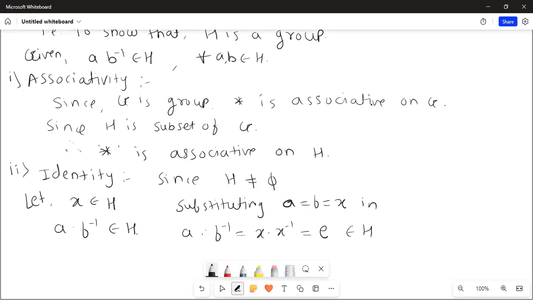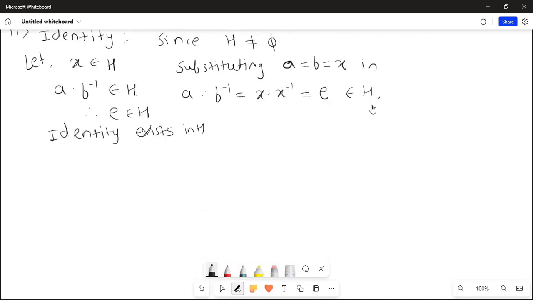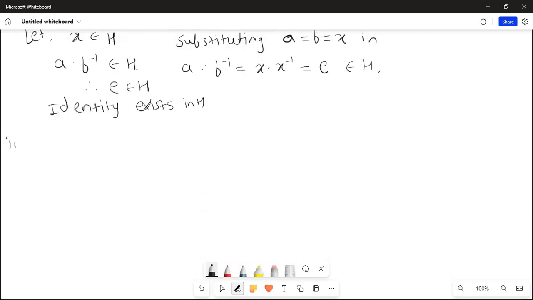And e belongs to H, and therefore e belongs to H. Then identity exists in H. So, ये second property भी proof हुई identity की.